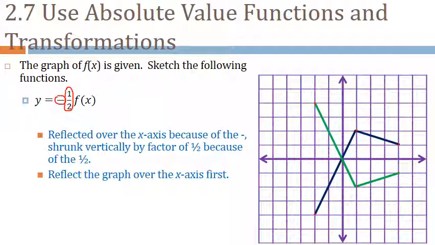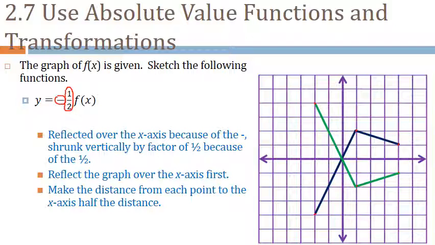Then do the 1/2. So make everything 1/2 the distance from the x-axis. This point here was at negative 1, so now we're at negative 1/2. This point was at negative 2, so now we're at negative 1. This point was at negative 4, so now we're at negative 2. So this is our final graph.